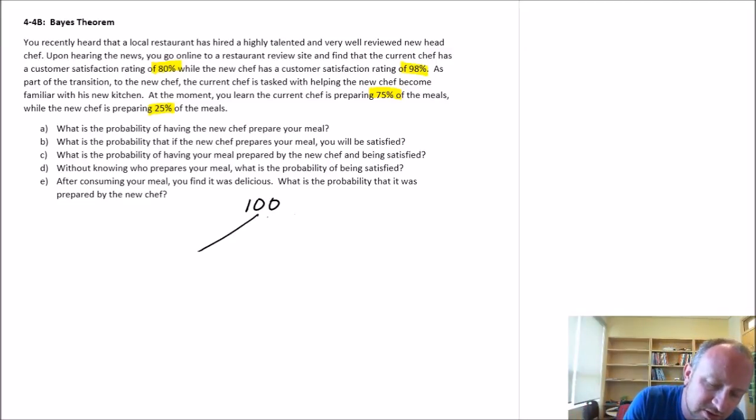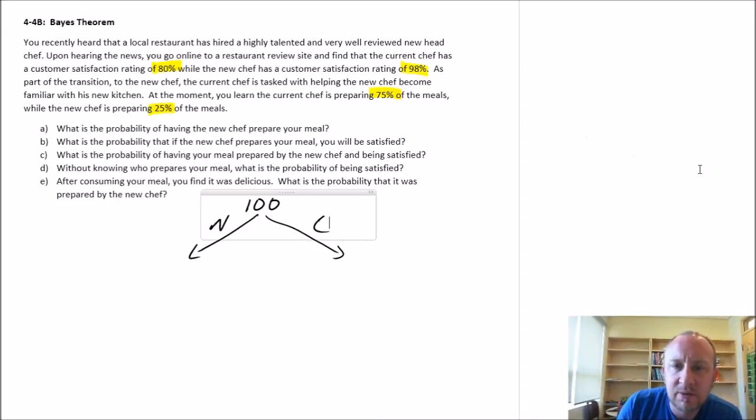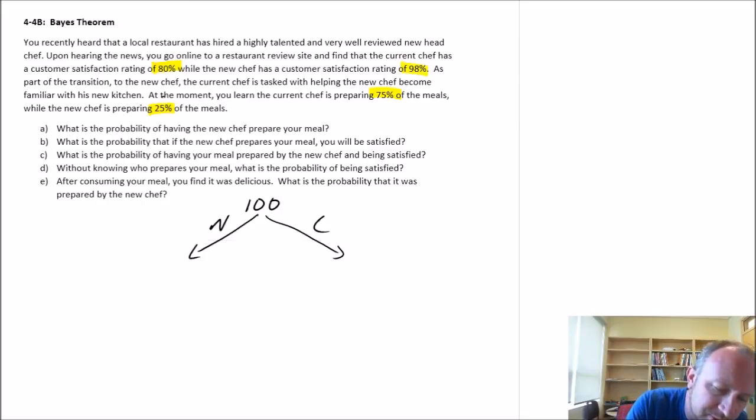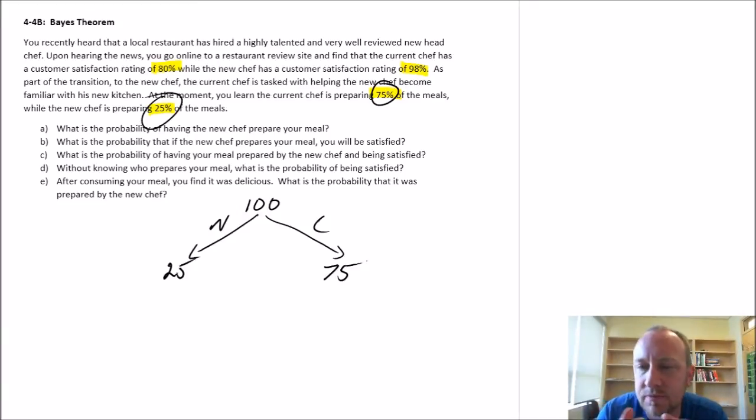Well, we have our two chefs, the new chef and the current chef. Of those 100 meals, the new chef is preparing 25%, so that's 25 produced by the new chef and 75 produced by the current chef. Okay, so we've divided it up among who's producing them.